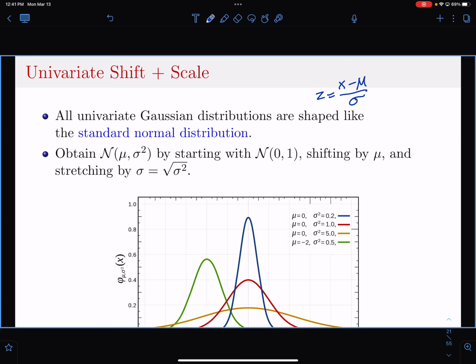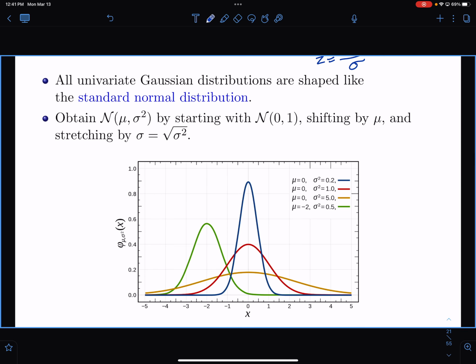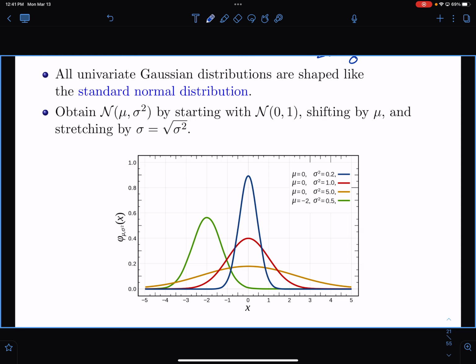That's because any normal univariate distribution you can think of as starting from the standard unit normal distribution with mean 0 and variance 1, and you can shift it by mu and stretch it by sigma. So if you're given a new distribution, it's going to be exactly equal to the original standard normal, shifted and scaled.